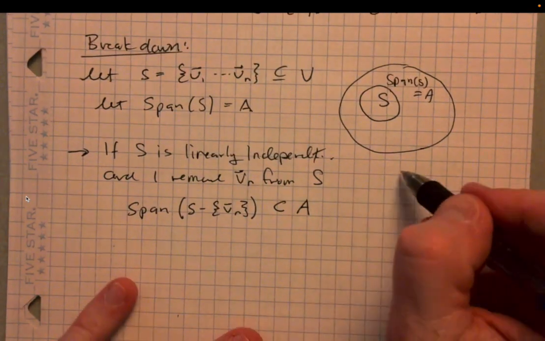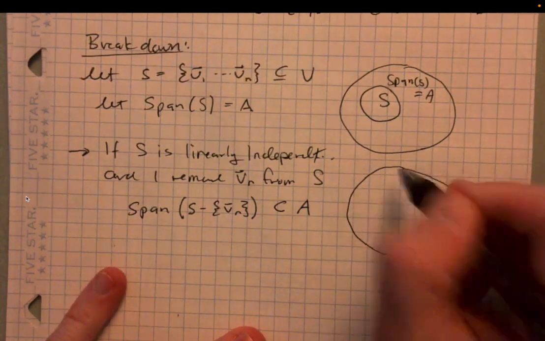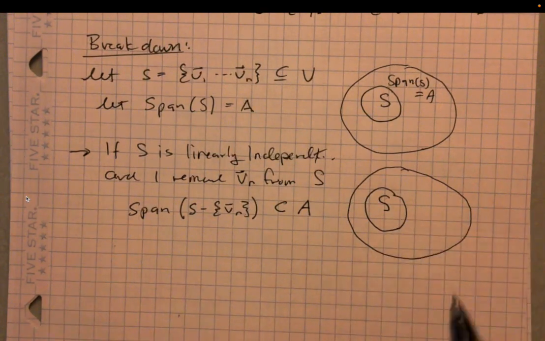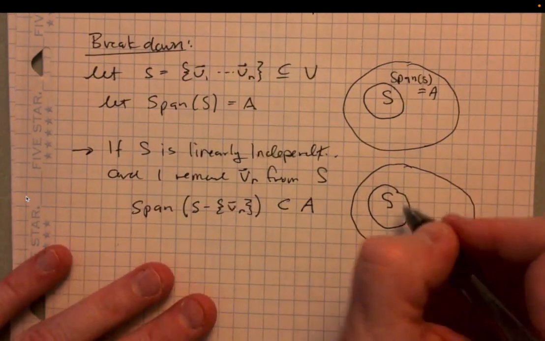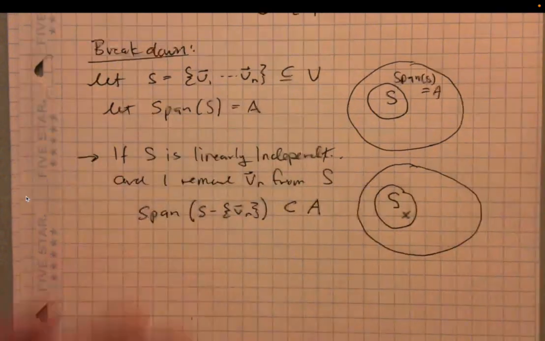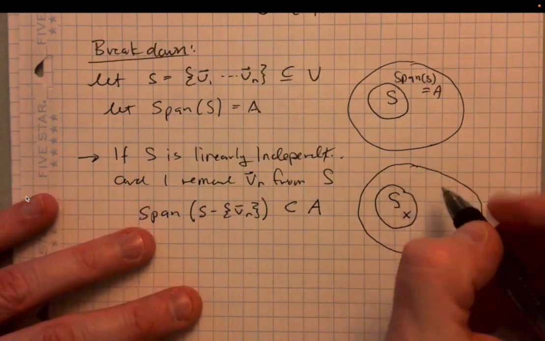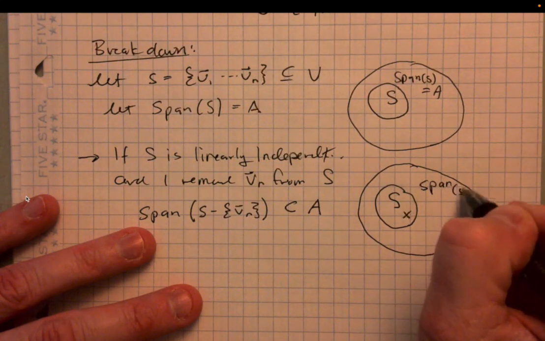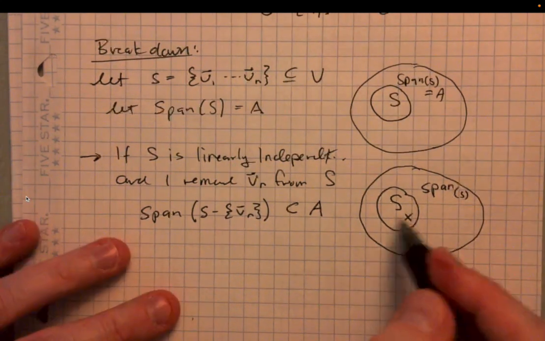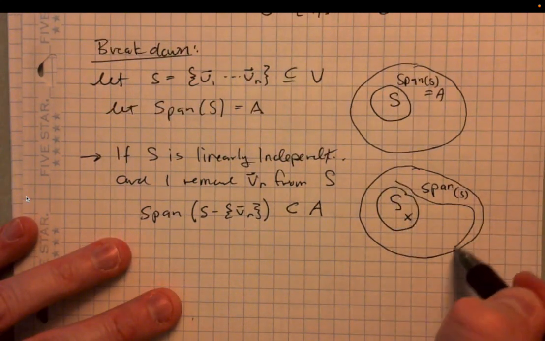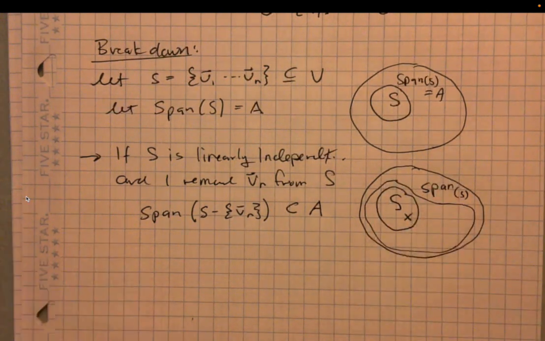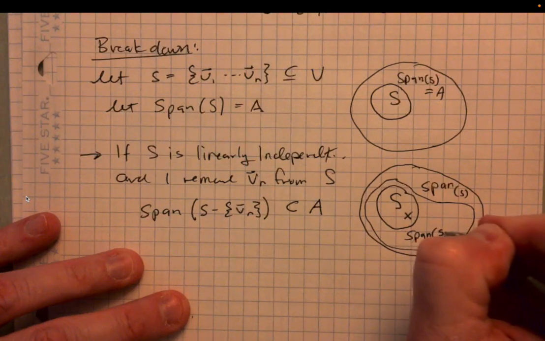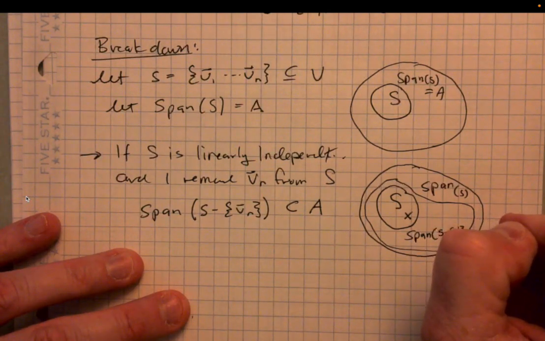In this case, I've got my S. Now, if I were to remove some vector, cross it out of S, then this whole thing might have been the span of S, but once I remove this vector, there are some vectors I can't get to anymore. What I'm left with is the span of S minus Vn.